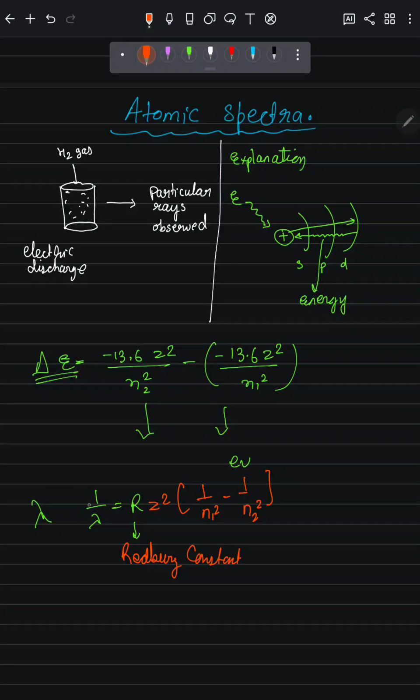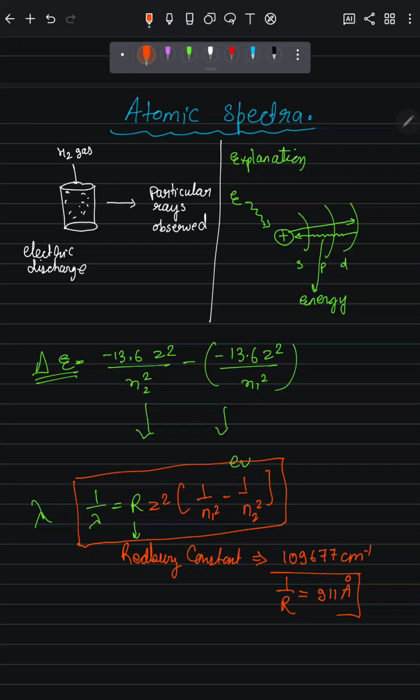This is the formula for calculating the wavelength for a hydrogen atom if the electron jumps from n2 to n1. The value of this Rydberg constant is 109677 centimeter inverse, or 1 upon R value is equal to 911 angstrom. These are the values of R.